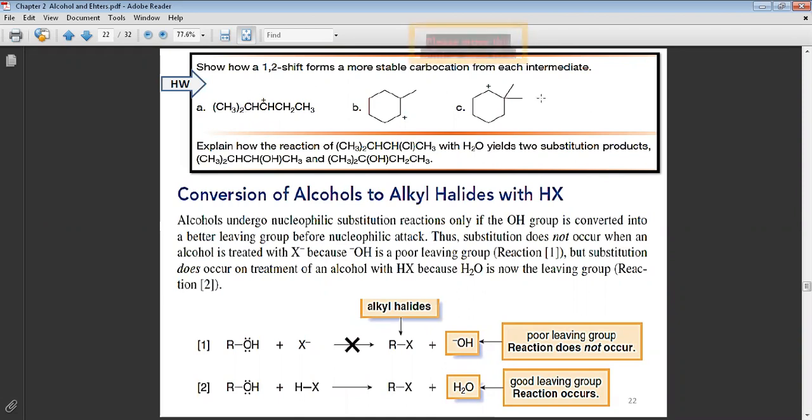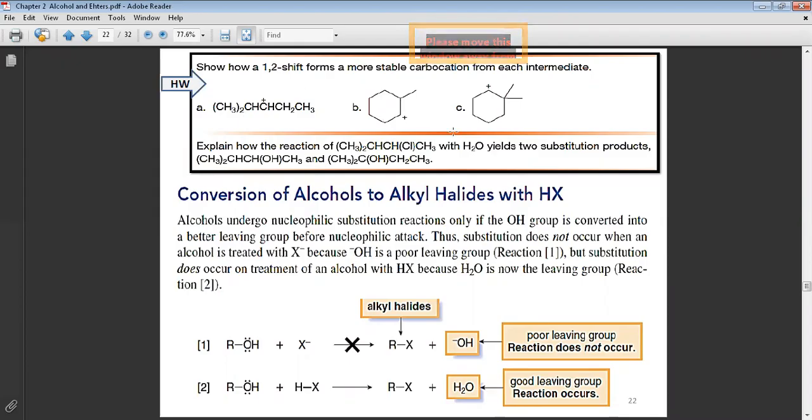You have to do the rearrangement. Is this a methyl or hydride shift? Hydride, because we have hydrogen and we don't have methyl here. If you have methyl, you can check the methyl. If you have hydride, okay.